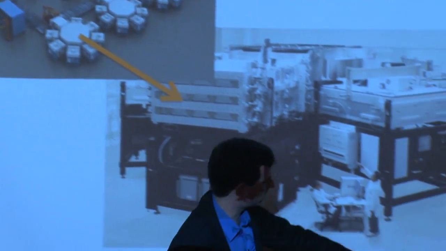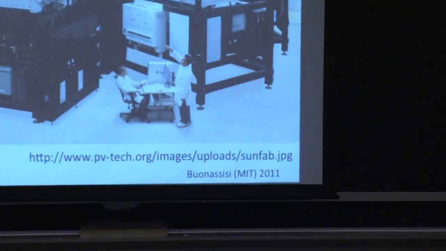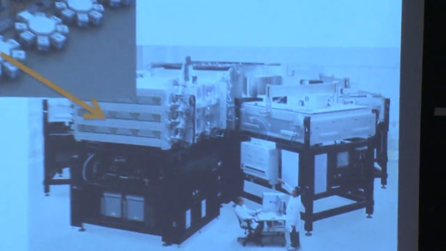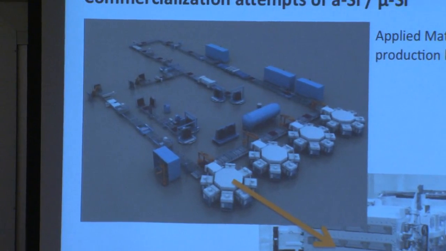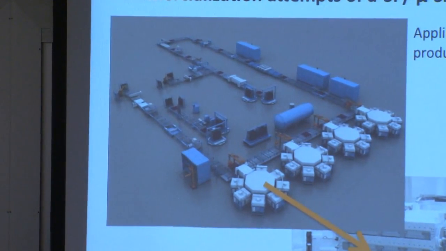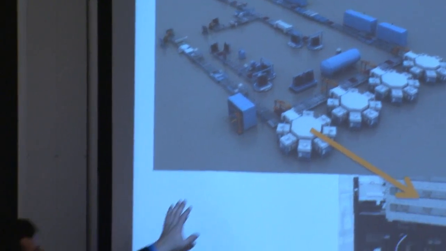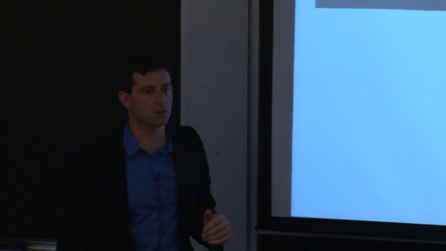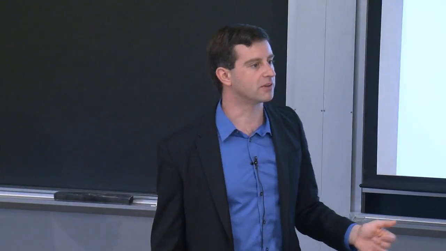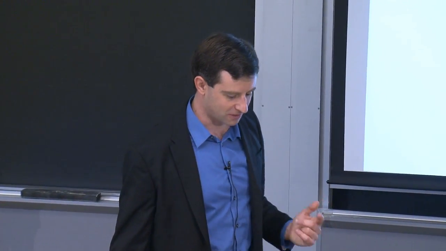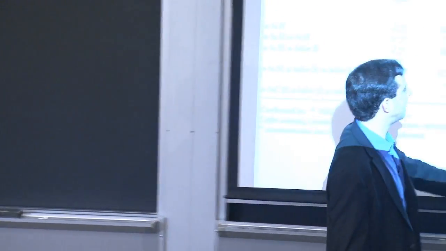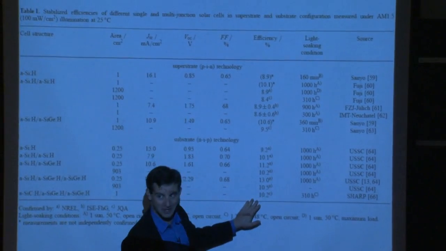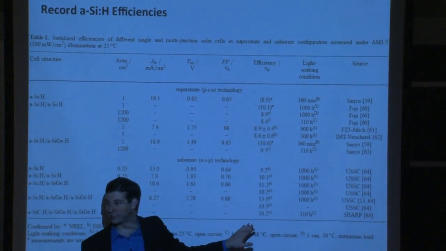And the SunFab project, which was Applied Materials' name for this amorphous silicon line, or micromorph line in reality, was shut down relatively recently, about a year ago, when it was realized that this was no longer commercially viable in the face of some of the low-cost competition from crystalline silicon. All that could change very quickly if somehow one of you were to develop a way to, say, double the record efficiency number.